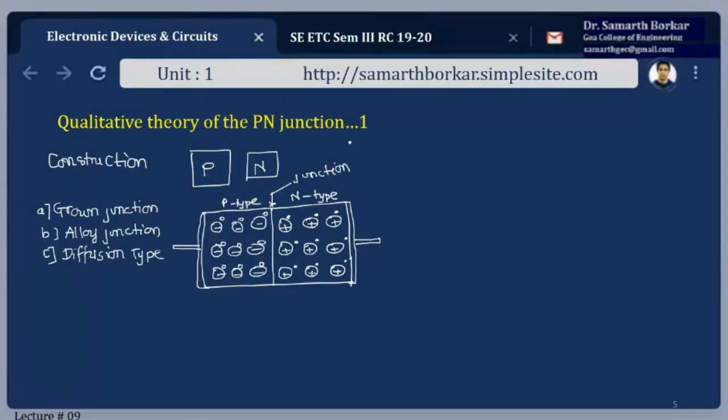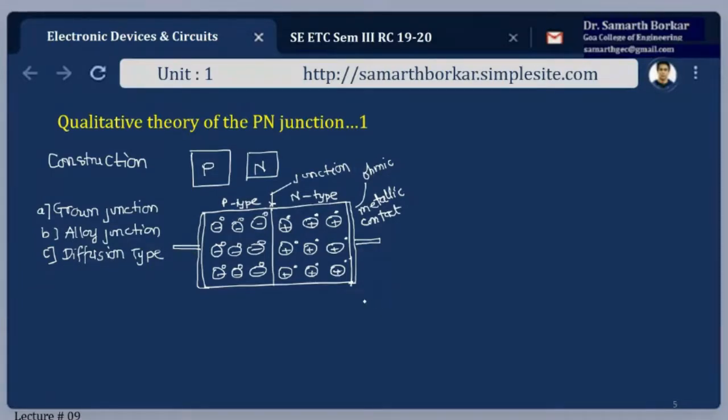For the PN junction, the theory is related to these two blocks and a junction. When we have a metallic contact, these contacts are also referred to as ohmic contacts. These are the two ends where we apply the set of voltages.